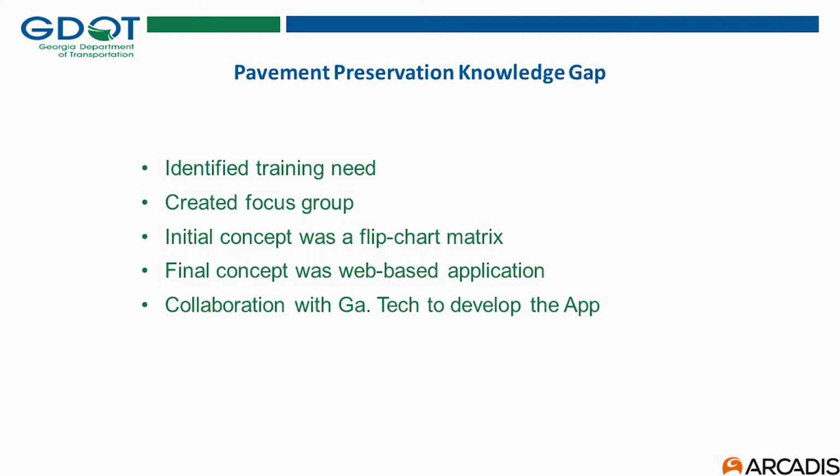So we sat down with a group of individuals across Georgia. They were GDOT individuals that had some background in preservation technology. And our first idea was, let's put together a flip chart that they can have in their truck and carry with them, based on a matrix.